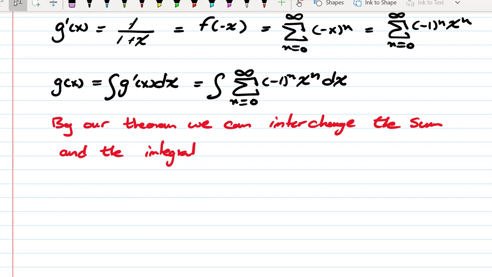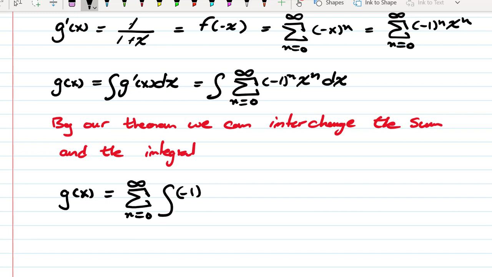So then that would give us that g of x is equal to the sum as n goes from 0 to infinity of the integral of negative 1 to the n, x to the n dx.